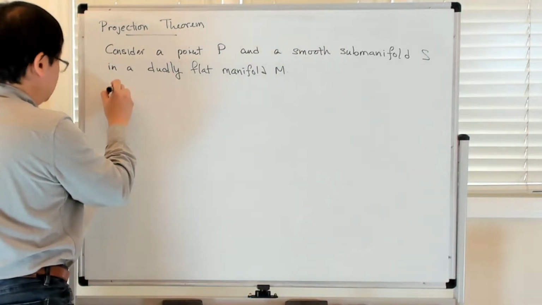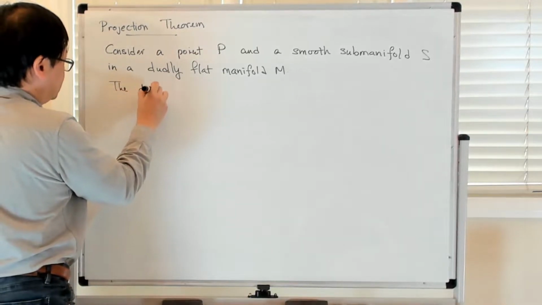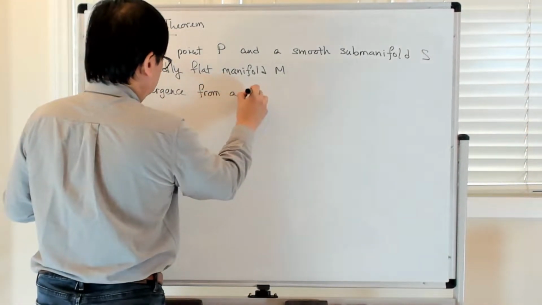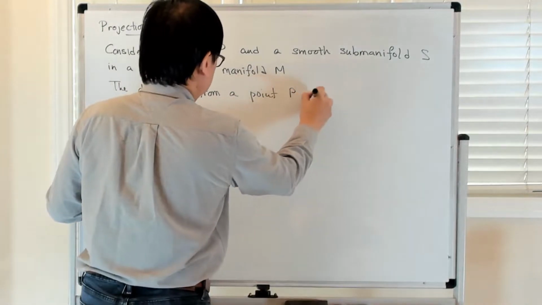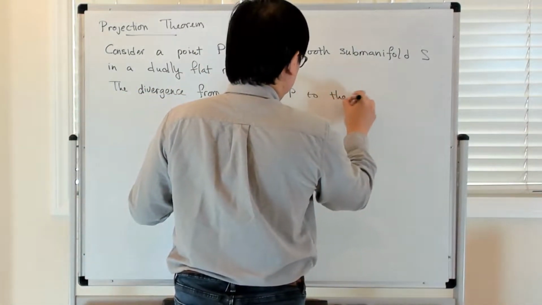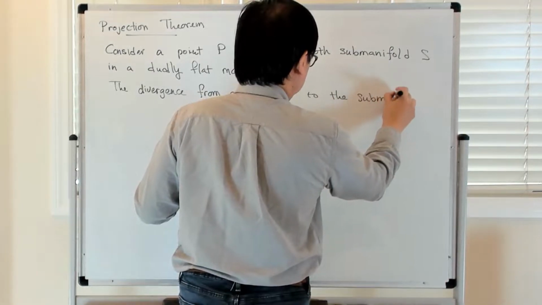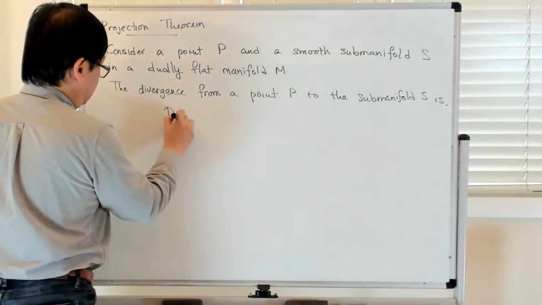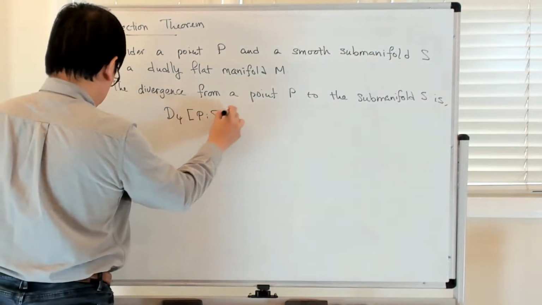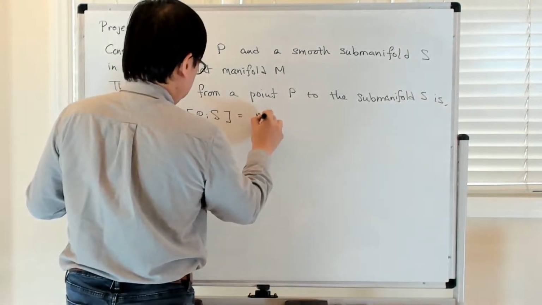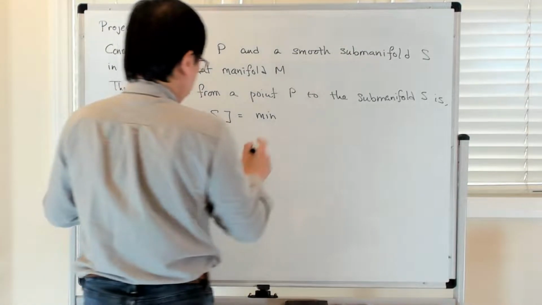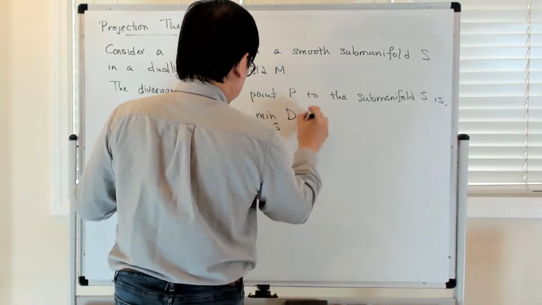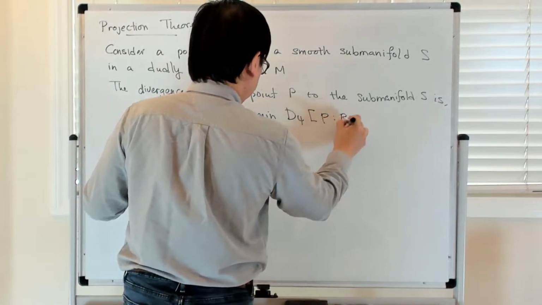So I can define the divergence from a point P to the submanifold S, right? It's just given by the minimum over points R which are contained in S of the divergence from P to R.